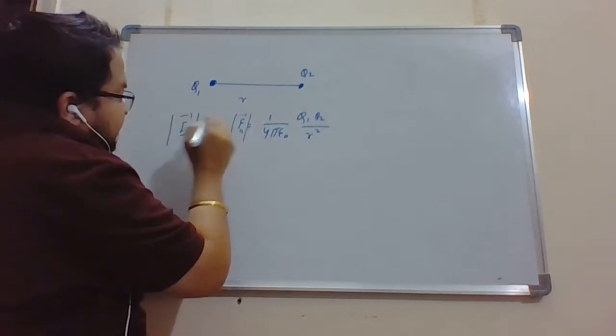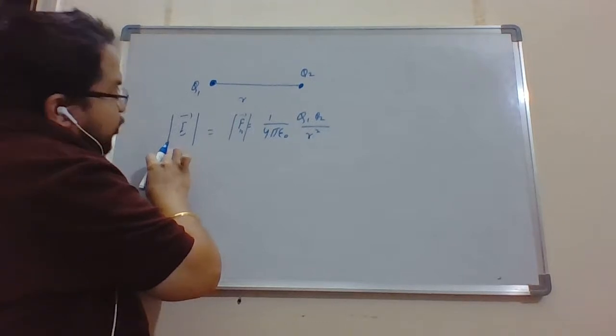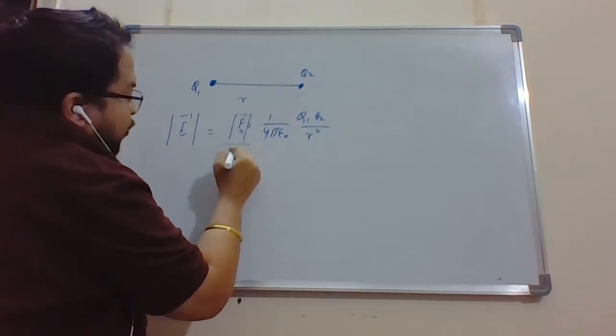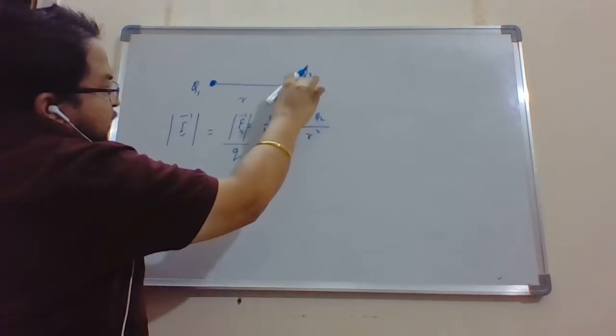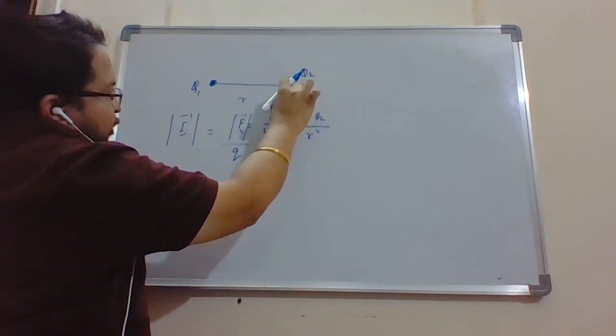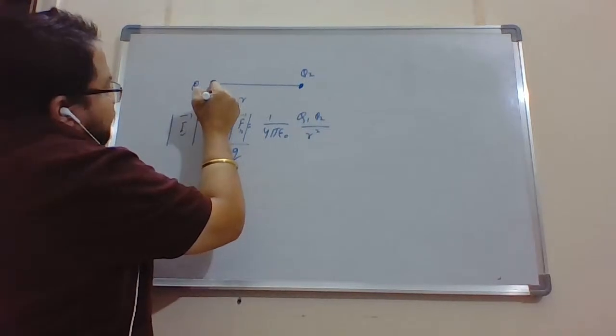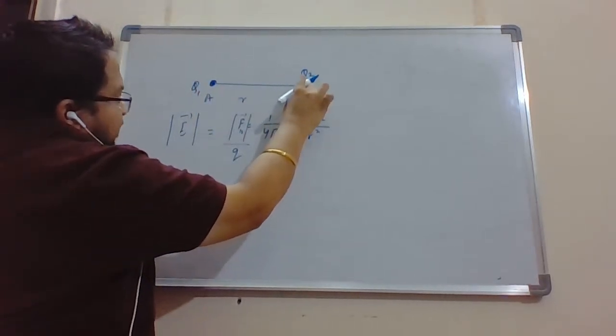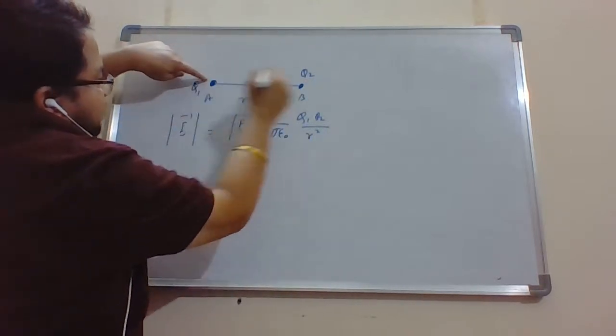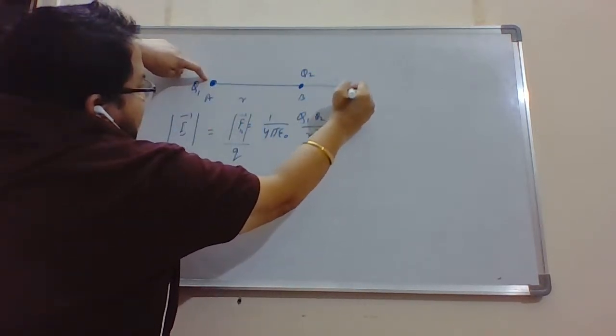Which means your electric field intensity, its modulus or magnitude, would be force per unit charge. So if I want to find the electric field at point B, this is point A, this is point B, then only this charge Q1 is giving a force F12.